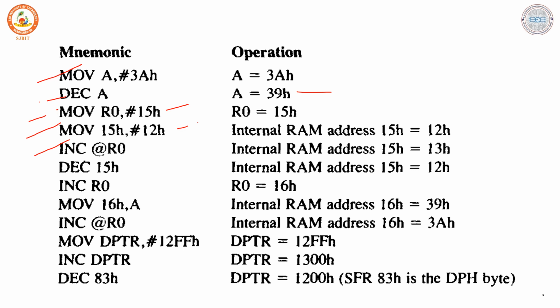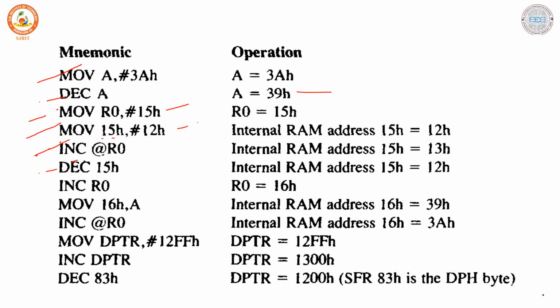So here when we talk about decrement 15H, once again, in the increment at R0, R0 is having 15H, so at R0 is pointing to the 15H address location.